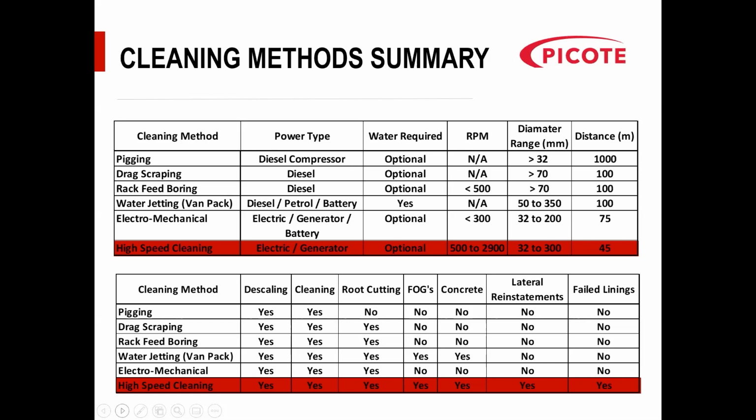You can remove fats, oil and grease. You can take out concrete with it. You can use it for doing lateral reinstatements. And if you're so unfortunate, we can use it to take out failed liners. So it really has opened up new opportunities that the traditional machines or methods haven't been able to do.